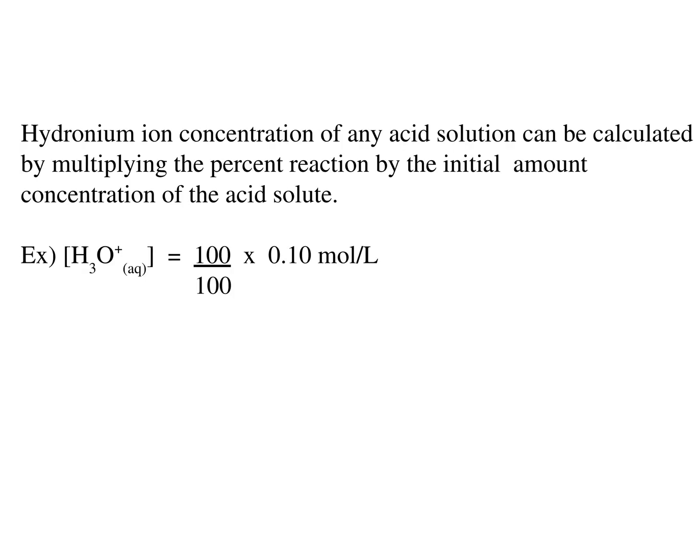For a hydronium ion, it's 100% ionization rate, so we can just say that the concentration is 100 over 100 times 1/10 of a mole per liter. If you had 97% ionization rate, you would say it's 97 over 100 times 1/10 of a mole per liter.